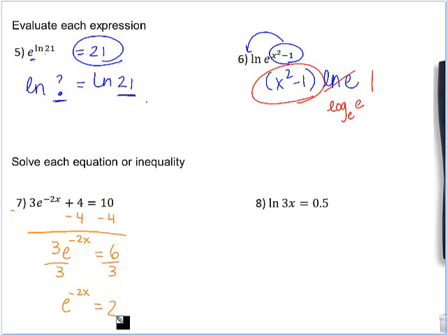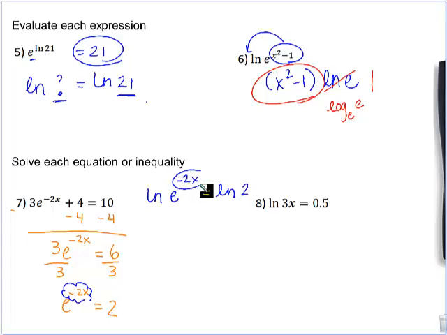Now, the negative 2x is currently in the exponent. Well, we can use properties of logarithms to bring exponents down out in front to end up multiplying. Since our base number is e here, we are going to now take the natural log of both sides. So we have the natural log of e to the negative 2x is equal to the natural log of 2.